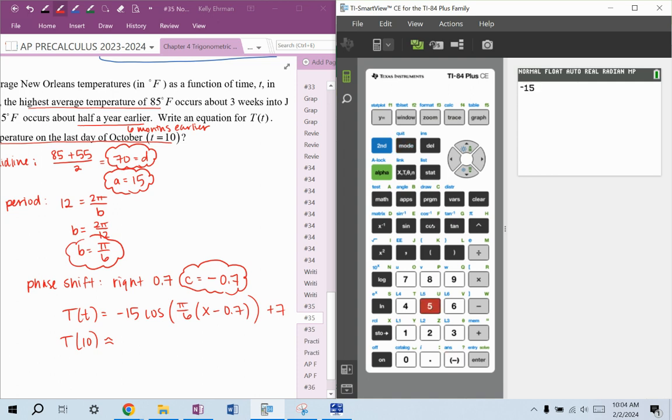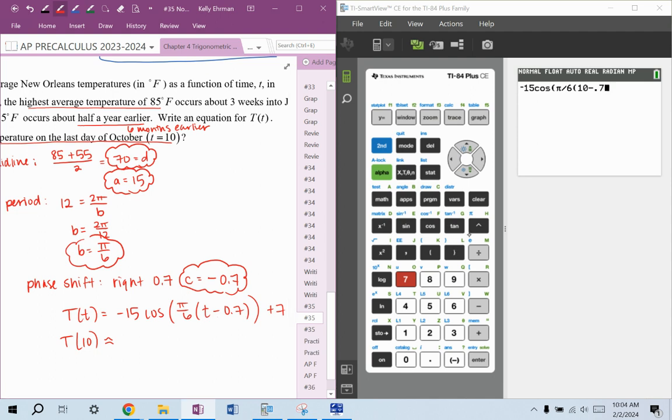Negative 15 cosine of pi over 6, parentheses, x minus, oh, sorry, not x, 10 minus 0.7. That caused me to catch a mistake here. x is not the input variable, it's t. That does matter. You can't call something a function of t and then have a different variable.